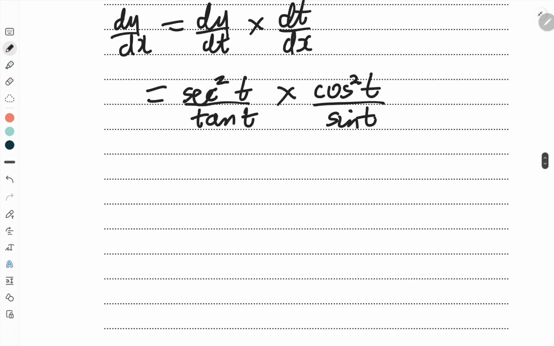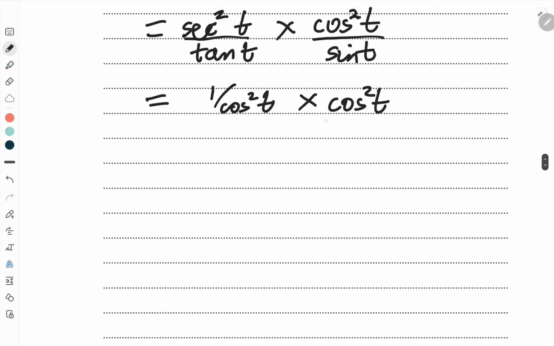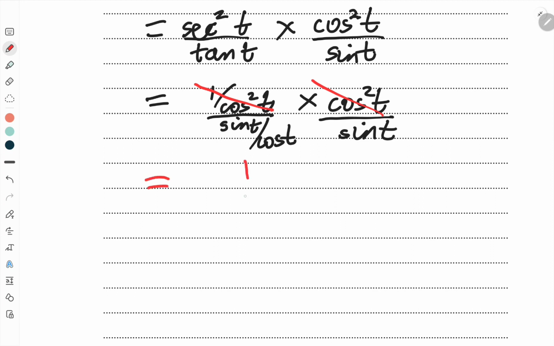Right, from there, what happens? We now say sec squared is known to be 1 over cos squared, and it's being multiplied by cos squared t in the numerator as well. Over, we have a tan t that we know to be sine over cos, and we also have a sine t here in the denominator. So if we watch closely, 1 over cos squared t multiplied by cos squared t gives us a 1.